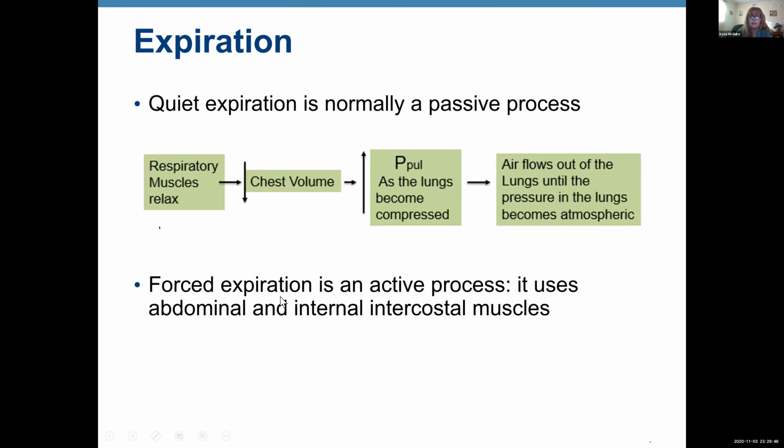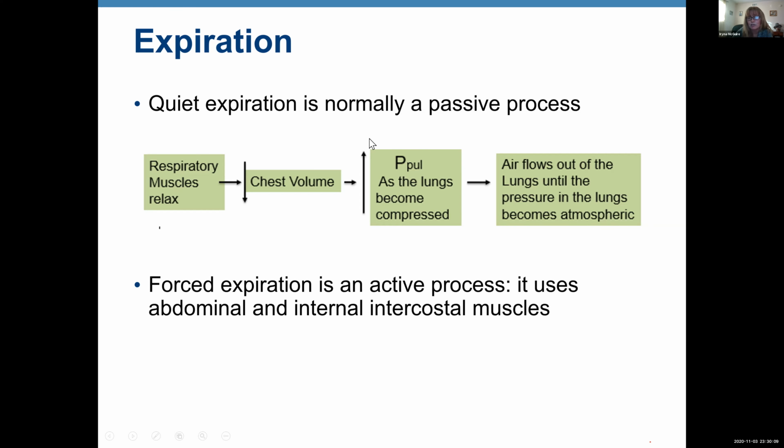Now, what about expiration? Quiet expiration is a passive process. So inspiration is active, expiration is passive. Why? Because now the respiratory muscles relax, and the volume of your thoracic cavity, or chest volume, decreases. Remember, volume decreases, pressure increases.